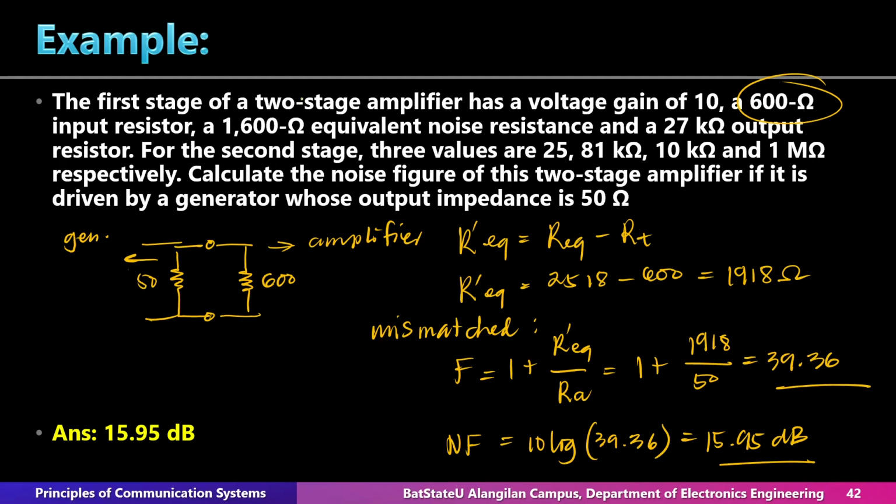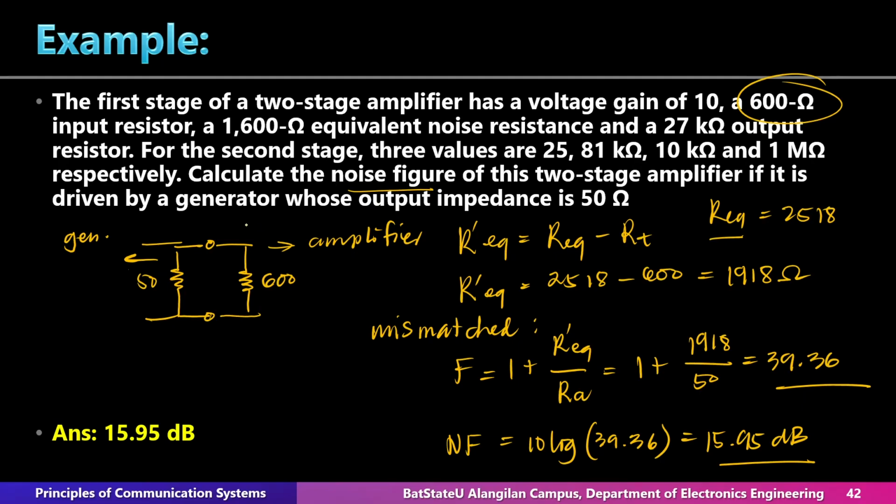So, i-recap lang natin paano sinolve yung problem na to. Na-compute na natin yung kanyang equivalent noise resistance na magkano? 2518. Since ipinapahanap ang noise figure, kailangan natin yung equivalent noise resistance na hindi kasama yung input resistance ng amplifier. Kasi po, yung first stage, yun ang magre-represent sa input amplifier ng buong stage na yun. Kaya ang ginamit nating RT ay yung input resistance ng unang stage na 600.